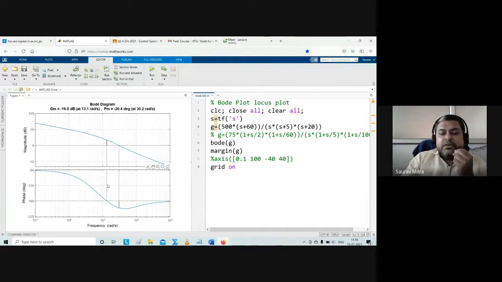If I ask you to change one component in this G, which component will you change to make the whole system stable? Anybody, any idea? There are 4 things you can find: 500, 60, 5 and 20. One figure you have to change to make the system stable. If you can tell me that, I will understand that your understanding is perfect.